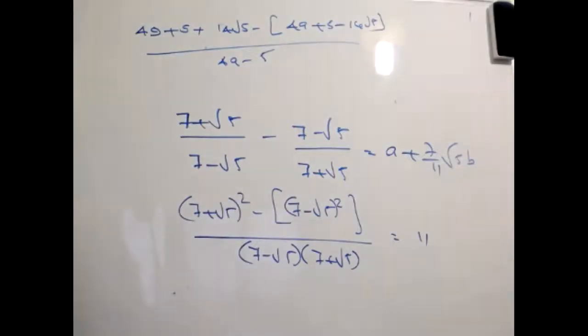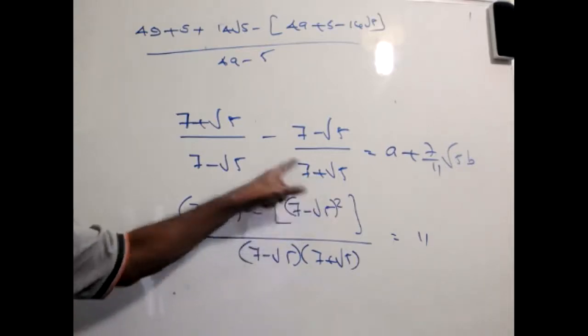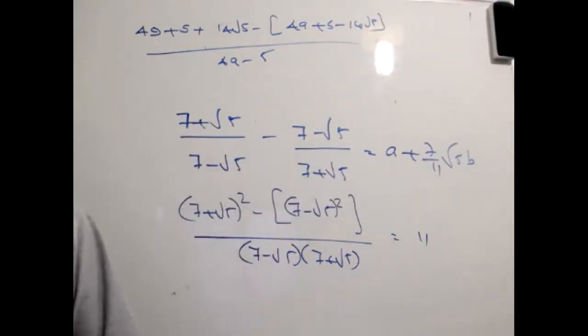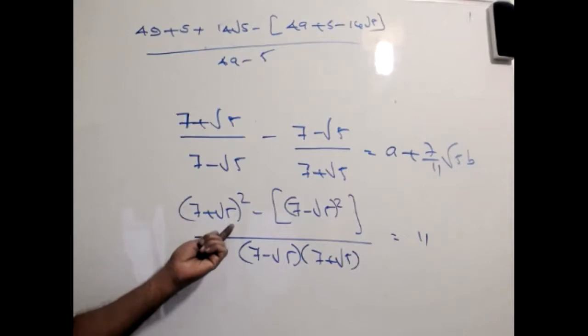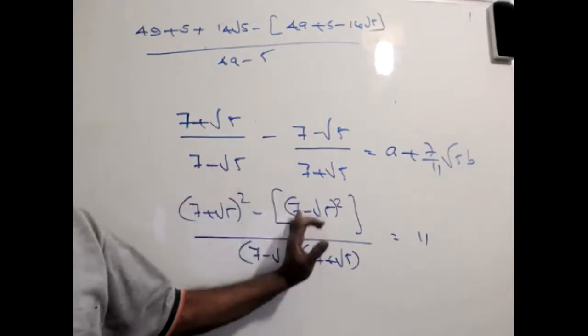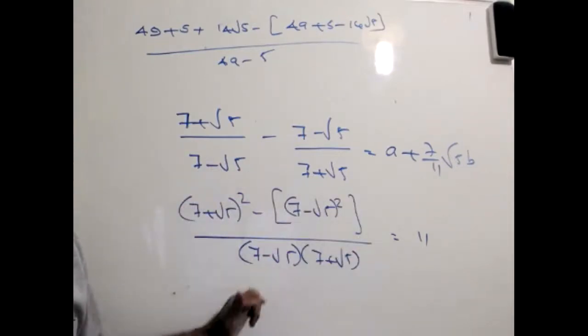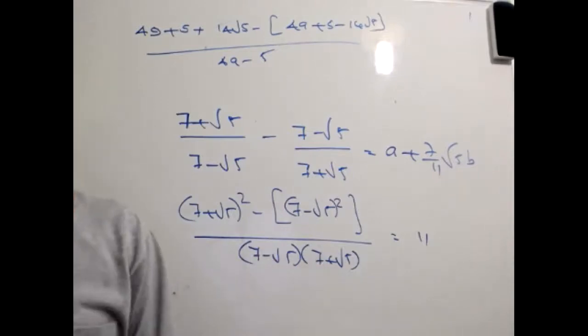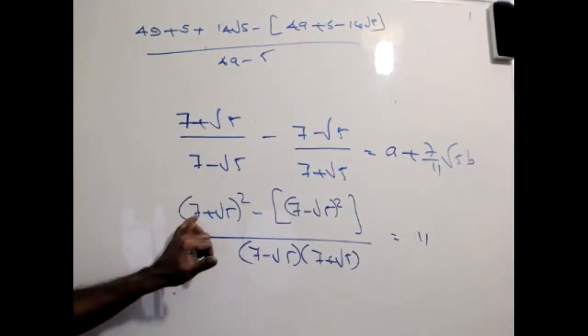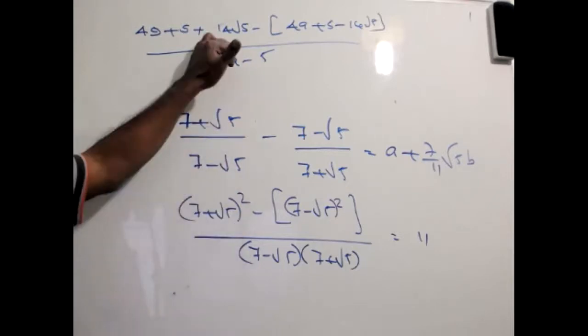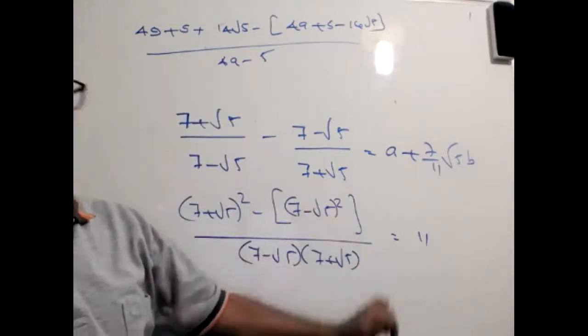Correct or not? This step clear or not? Anyone have doubt? Tell me now. So that is (7 plus root 5) whole square minus (7 minus root 5) whole square divided by (7 minus root 5) into (7 plus root 5). Open a square plus b square plus 2ab, a square plus b square minus 2ab.